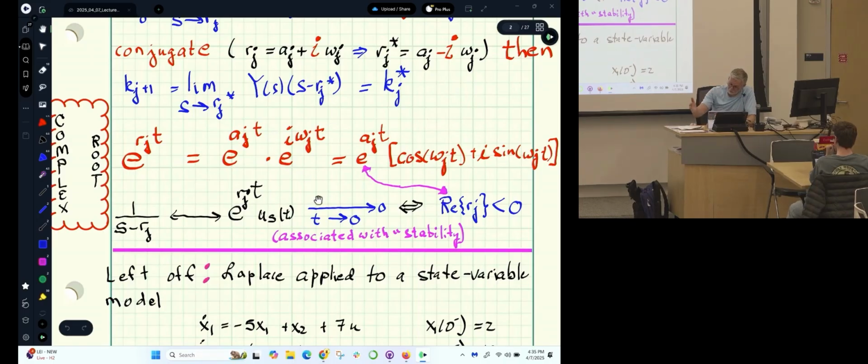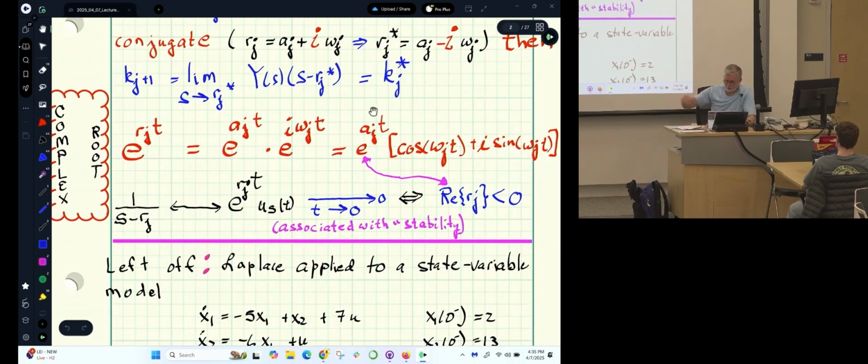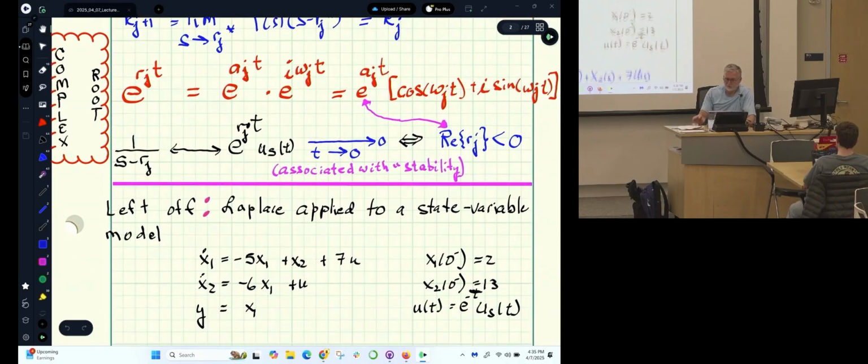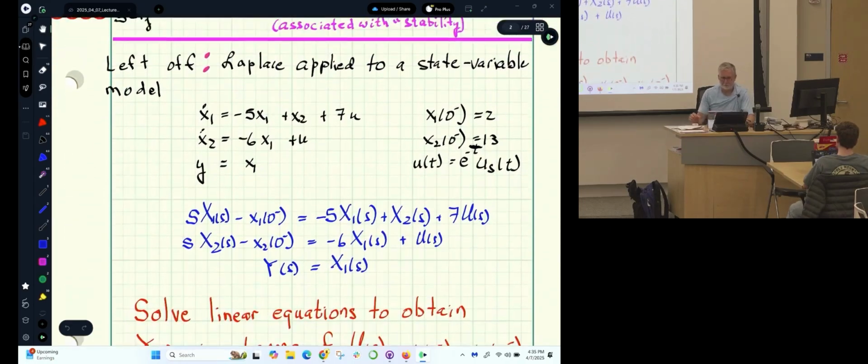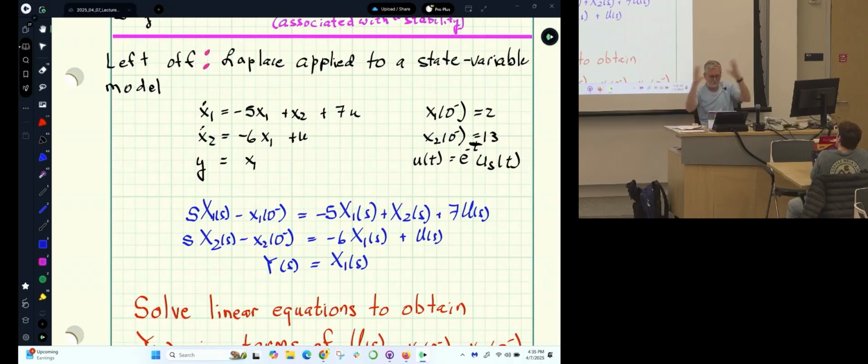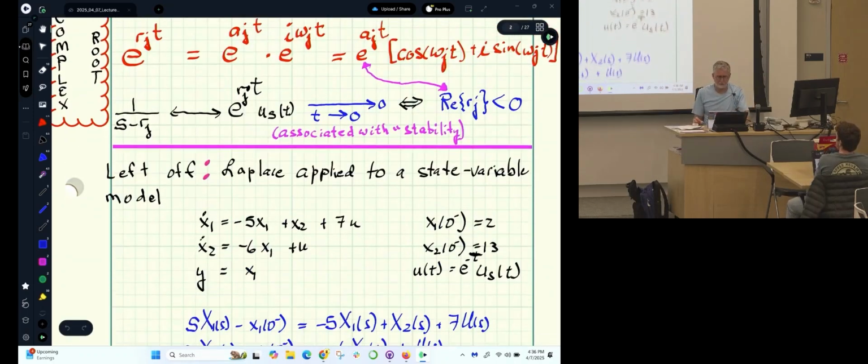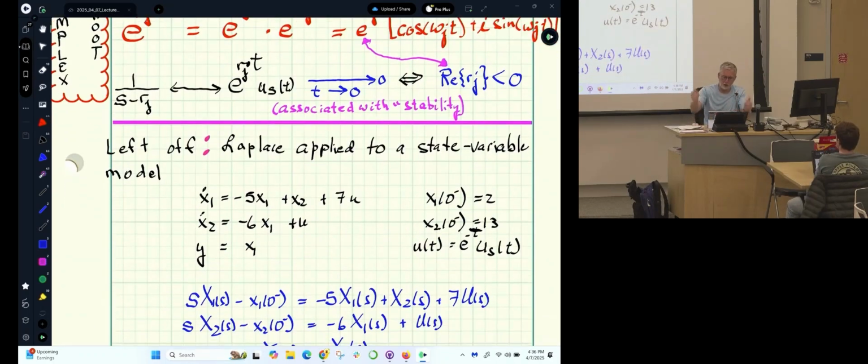And as long as the system is real and the initial conditions are real, the response is going to be a real signal, and that means when you add the various parts up, the imaginary parts are going to cancel, and you'll keep the exponential times sines and cosines. Okay, so that's Laplace for solving differential equations.